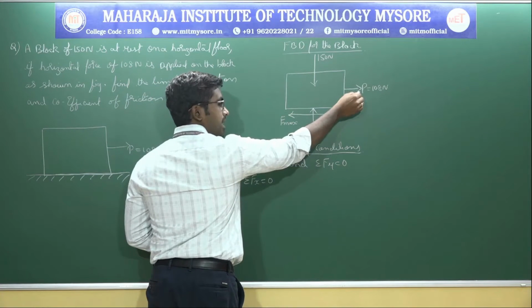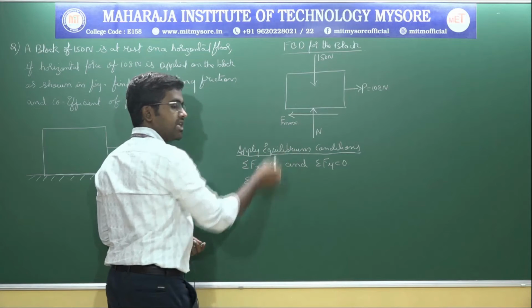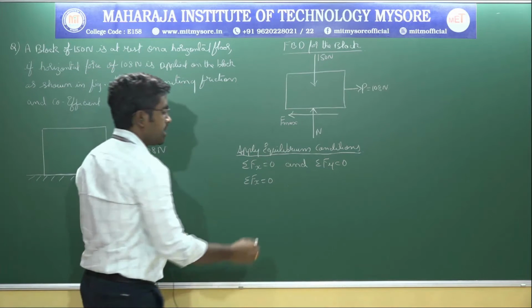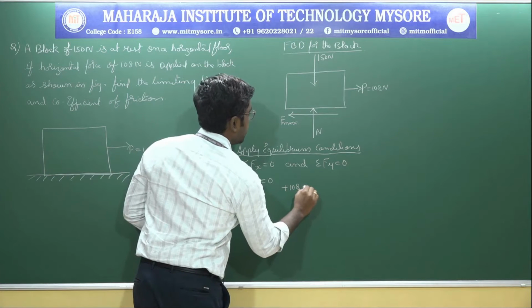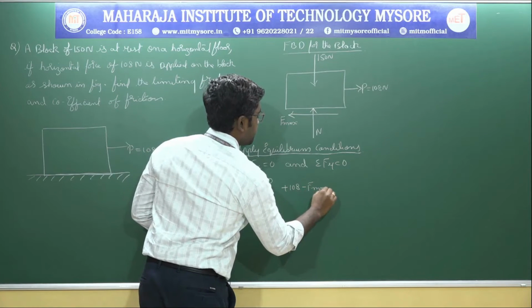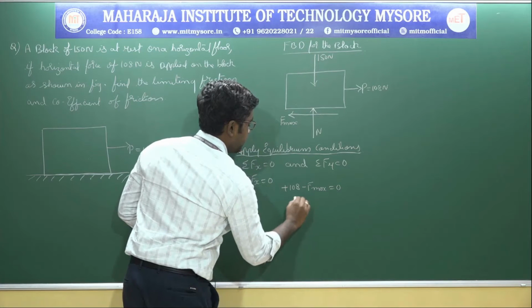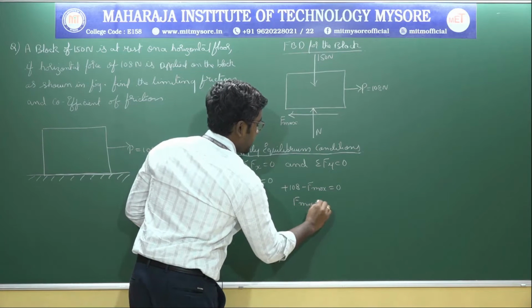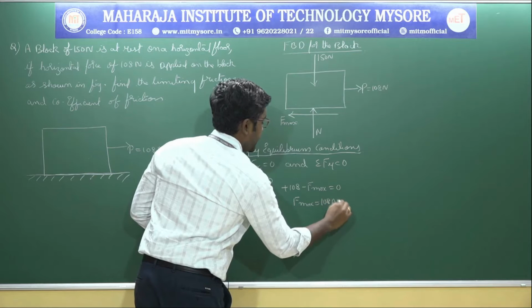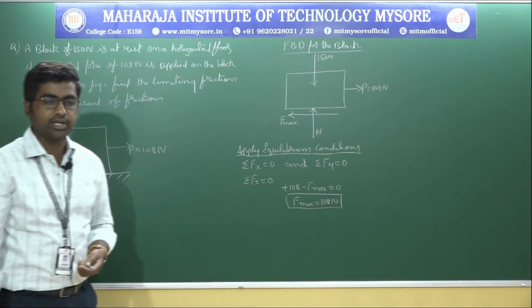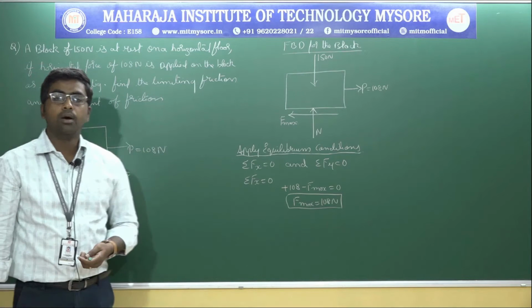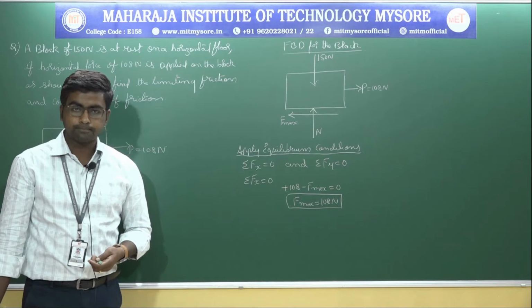So this will be plus 108 and this will be minus. Right? So that is plus 108 minus F maximum is equal to 0. Therefore, F maximum is equal to 108 Newton. So I got to know the maximum friction, and the maximum friction is 108 Newton.